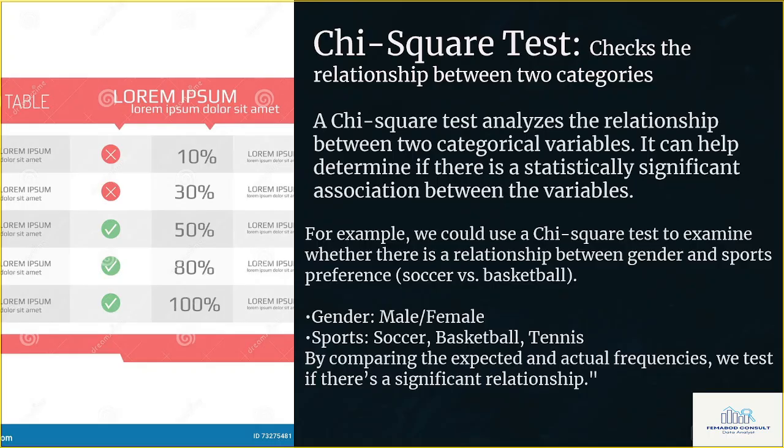From whatever frequency calculations you get, you will be able to determine if males prefer more of soccer, or basketball or tennis, or if females do the other way around.